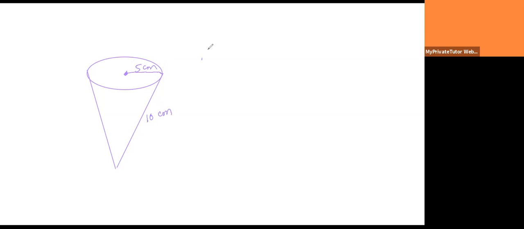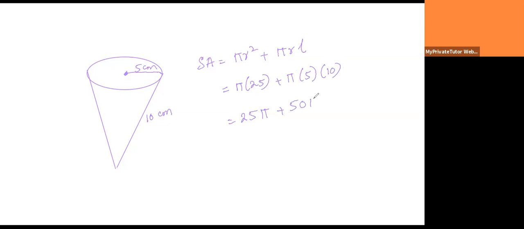In this case, you can directly use the formula, pi r square plus pi r L. Pi 5 square is 25, and pi into 5 into L, which is 10. Which is 25 pi plus 50 pi, which is 75 pi.